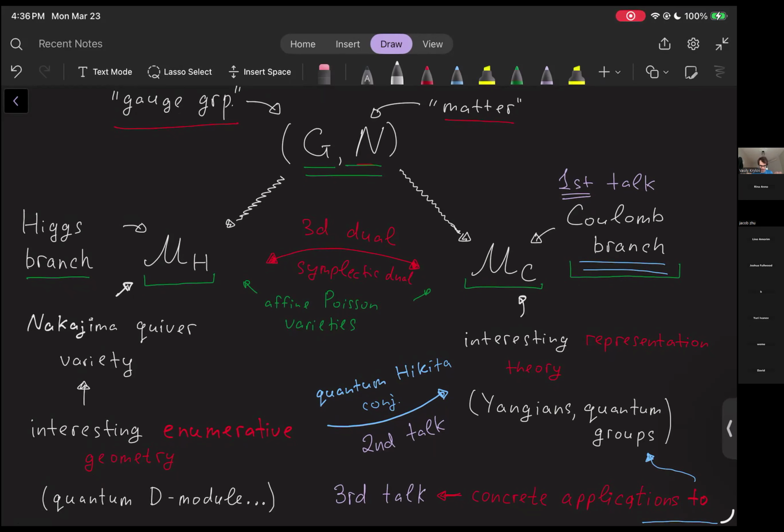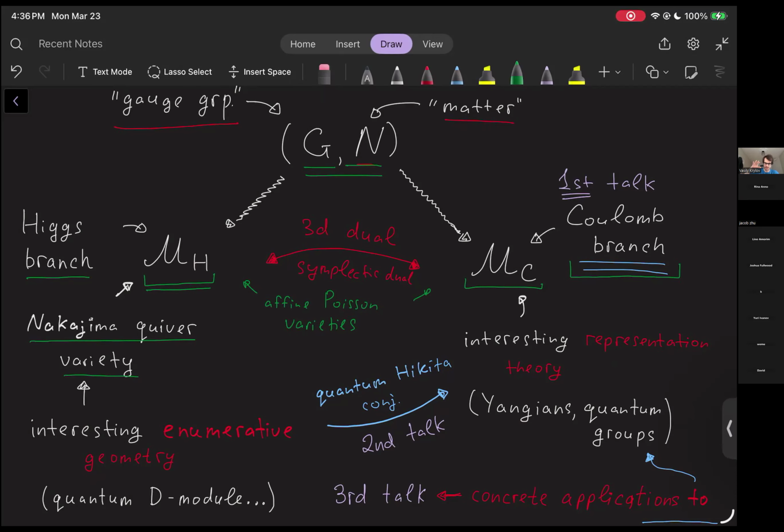So for now, we just have these two different structures, and let me mention what types of structure appear on both sides. On the left-hand side, this Higgs branch is something relatively classical. Namely, for these quiver theories, it's nothing else but Nakajima quiver varieties. Being more careful, the Nakajima quiver varieties are certain resolutions of these Higgs branches.